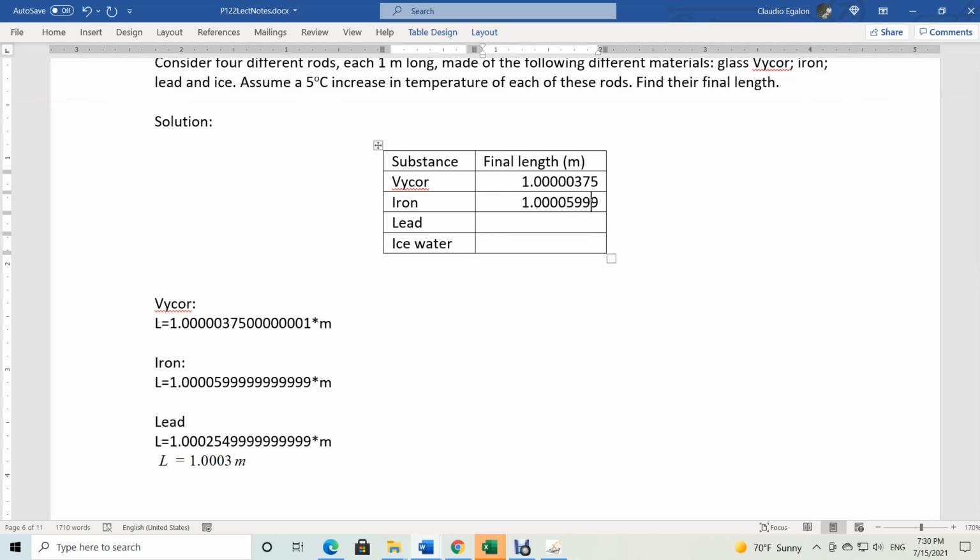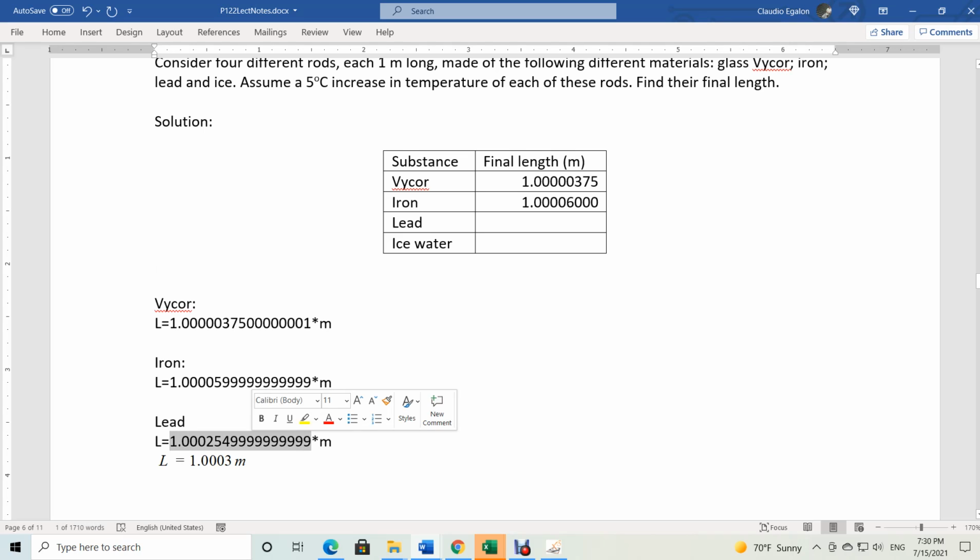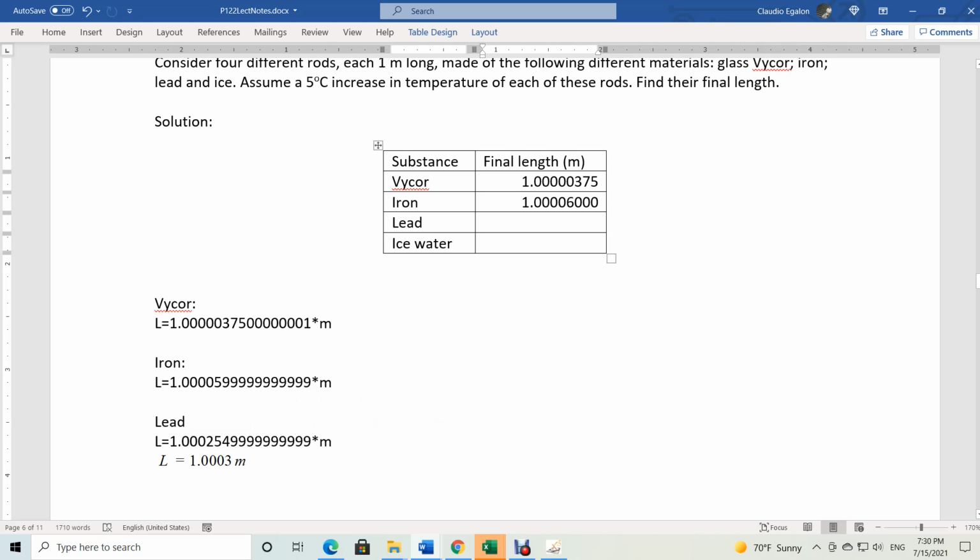Okay, here you go. So what we get here, you get like that. 1, 2, 3. Okay, like that. I'm rounding it up. Lead, I got lead as well. Okay, so we gotta round it up as well. Here you go. We get 5, 0, 0, 1, 2, 3. Here you go. That's the final length. How much it changed?